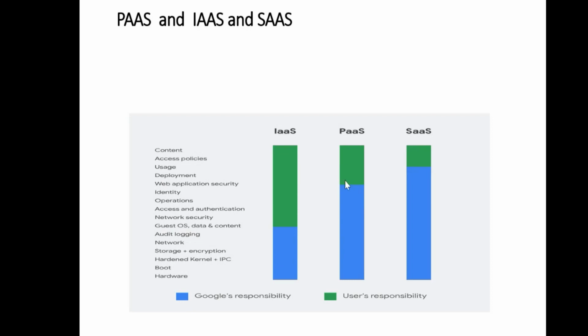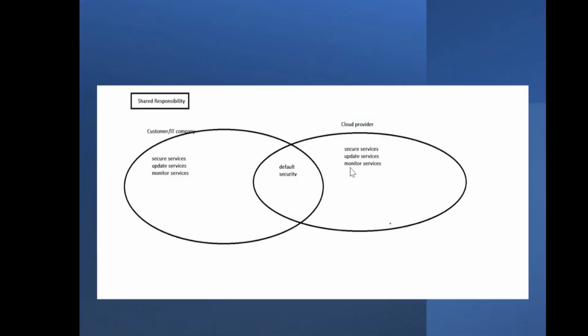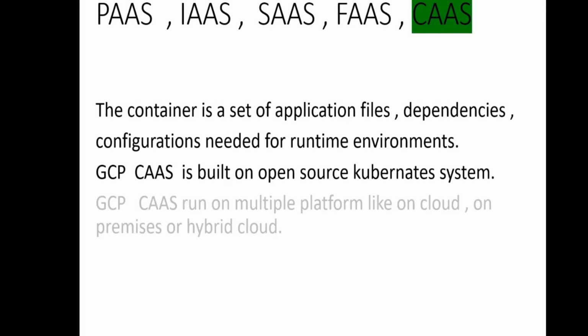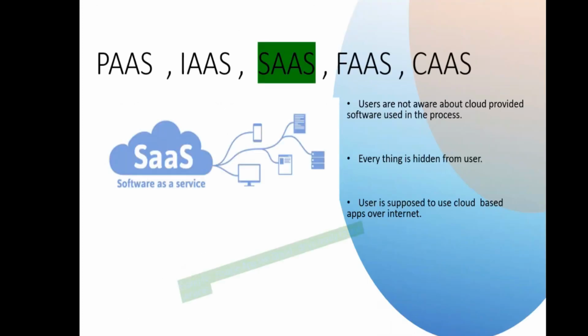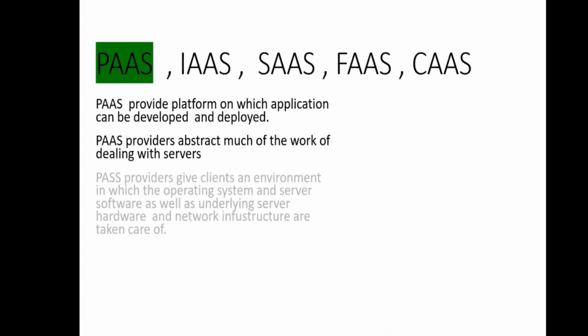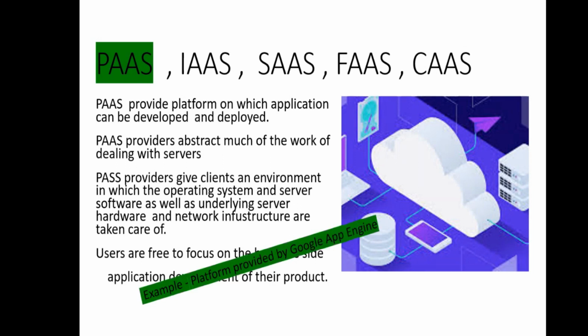So in PaaS, given a platform, the user can come and deploy the application on that platform and use it. That is PaaS, and that is what we're talking about here, Google App Engine.